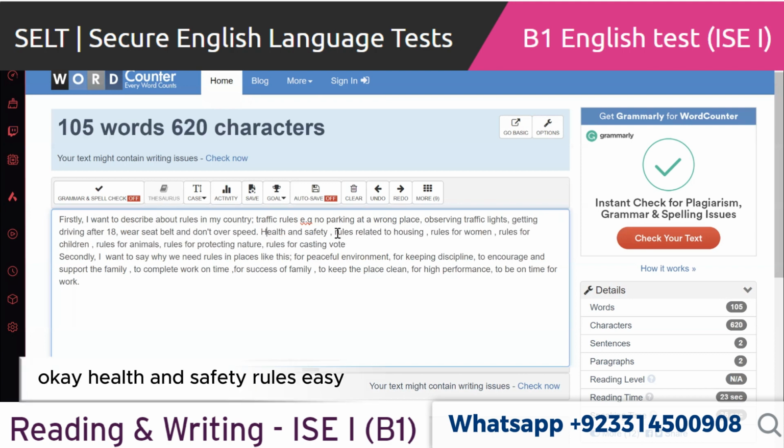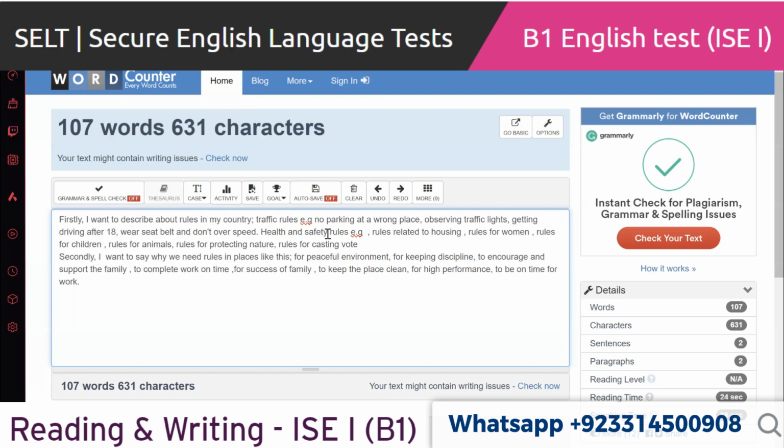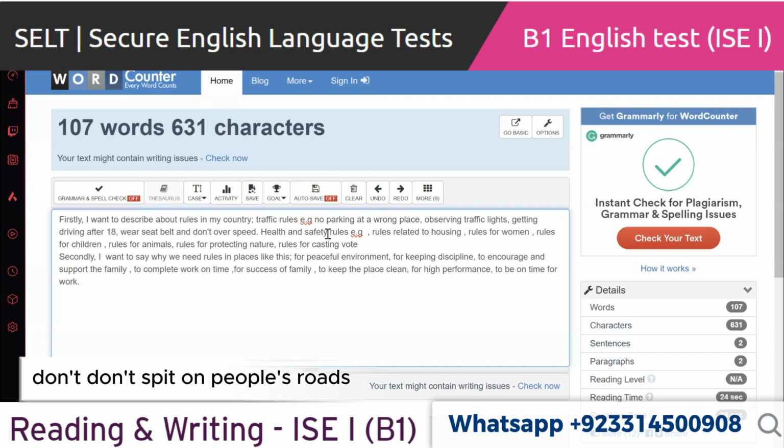E.g., just give me one or two examples. Health and safety rules, in which we can say, don't spit on roads, not throwing rubbish around.